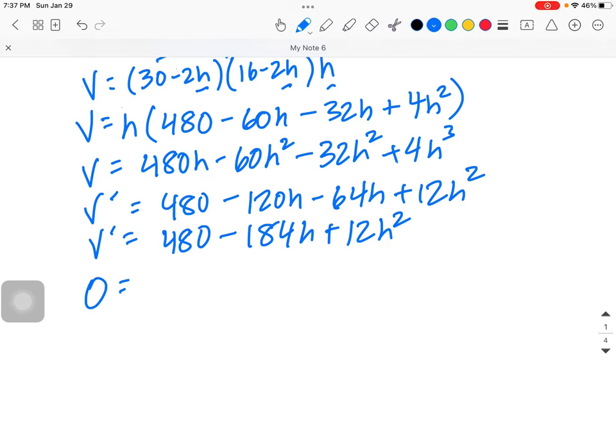I'm guessing 12 goes into all this stuff. Let's find out. So if I pull out a 12, I've got 40. Let's see, 184 divided by 12. Ugh, it doesn't go in. Darn it. Leave it like this. And then we have h squared.